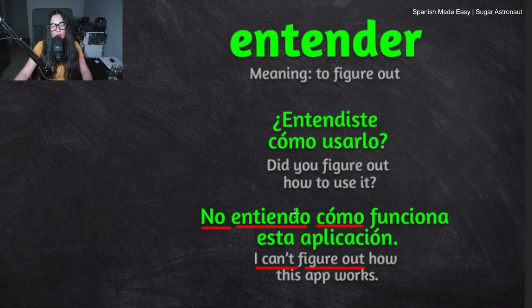Cómo means how. Funciona is a verb. Funcionar can mean quite a few things, but it usually means to work, to function when talking about machines, devices, systems. Also, it could mean to work out, to be effective.